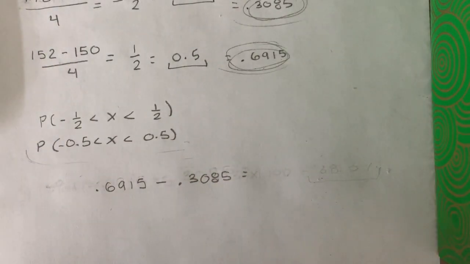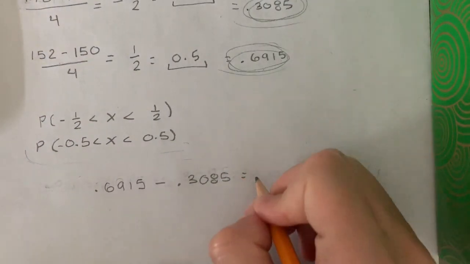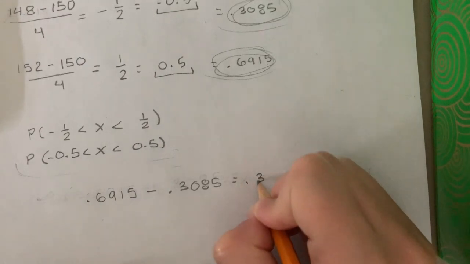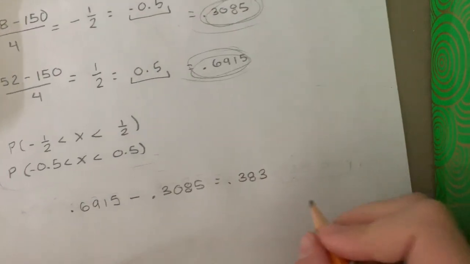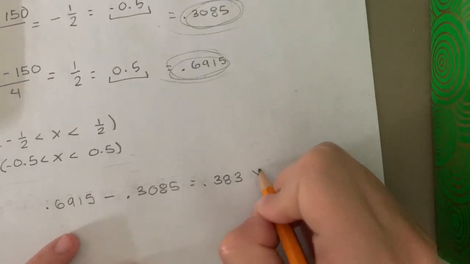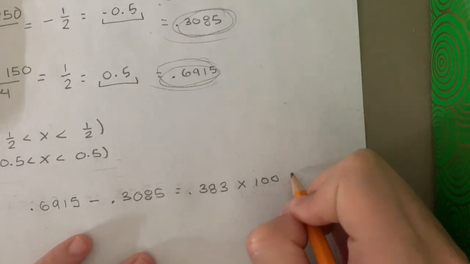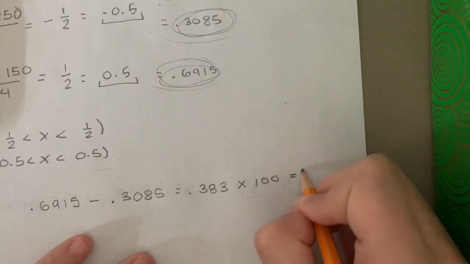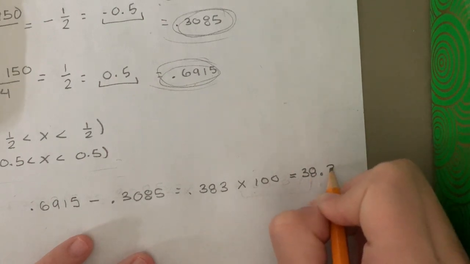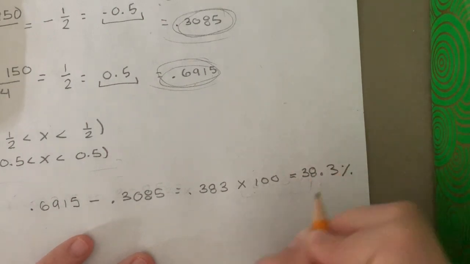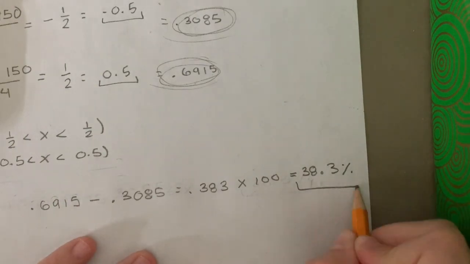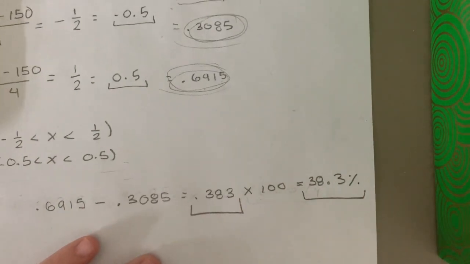You're going to plug it in the calculator and it's going to give you 0.383. Now you're going to multiply it times 100 and it equals 38.3%. So now you have the percent and the decimal in your answer.